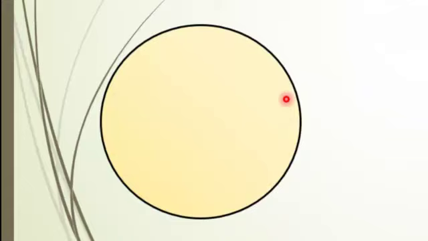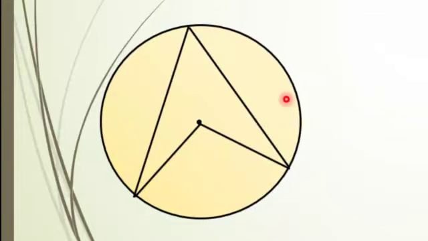Second step is to draw your chords. So I have drawn two chords, indicating my center. I have this one as my center, and these ones are my chords. Remember, I can draw another chord here, but for the sake of explanation, I will leave that one for now.